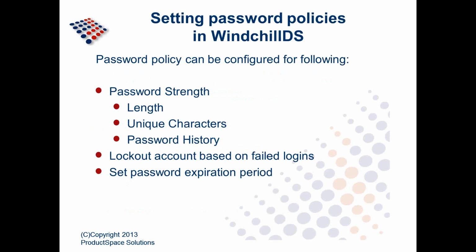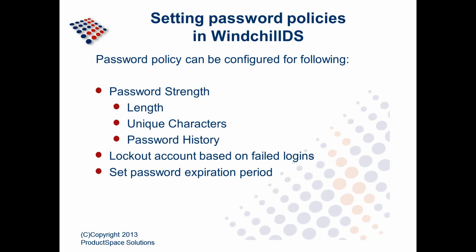So we'll start with things that you could do if you are using the standard directory server that ships with Windchill for managing your user accounts, and how you could add various security functions to it.